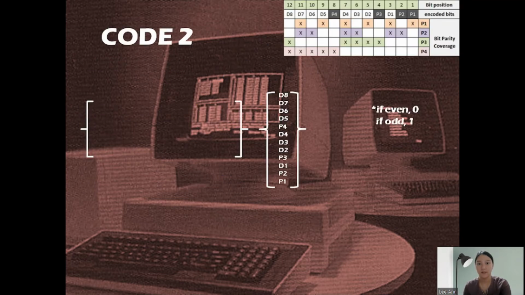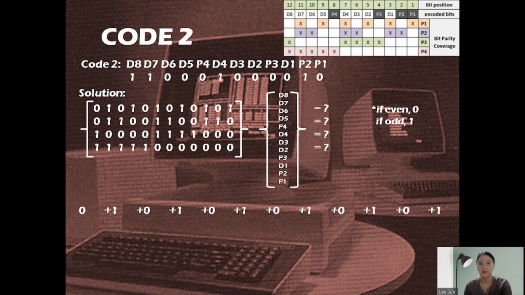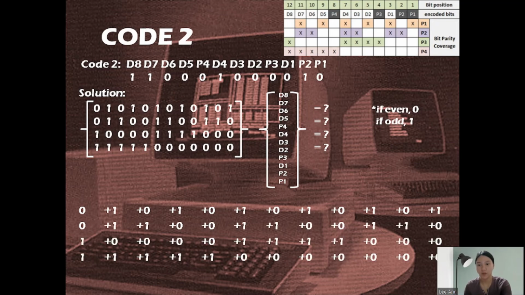Okay, next, we're going to solve another example of code 2. The code 2 is the continuation from our given data. So our code 2 is 110001000010. Again, we're going to base on our given table to find the matrix that we're going to multiply with this data.